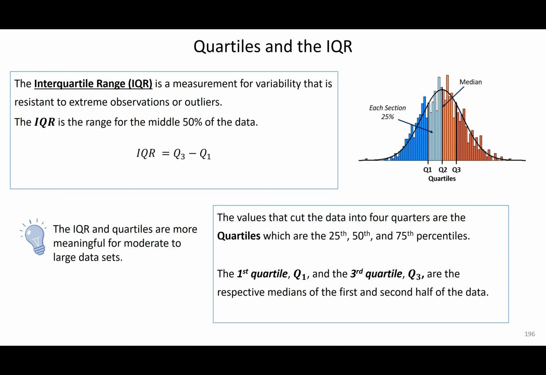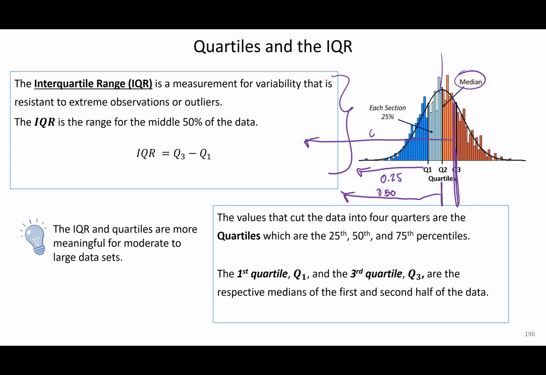The IQR is something that we calculate from the quartiles. So the first quartile right here has 25% below that value. The second quartile, which we rarely actually call the second quartile, has 50% below. That is because we call it the median. And then the third quartile, so 3/4, has 75% below. And you can keep going, like you could say the 0th quartile has 0 below. The fourth has 100% of the data below it.